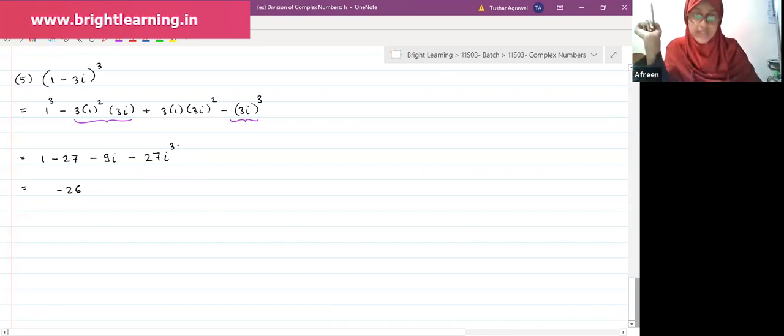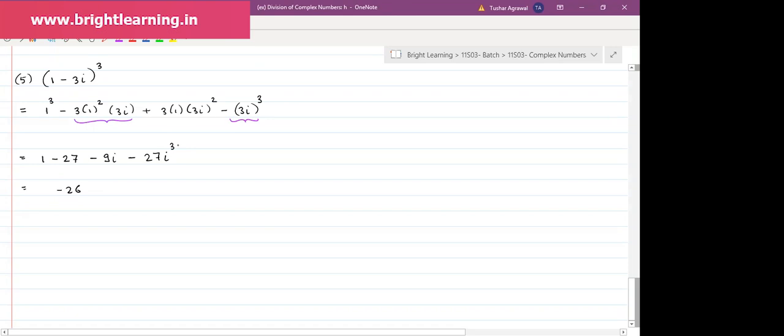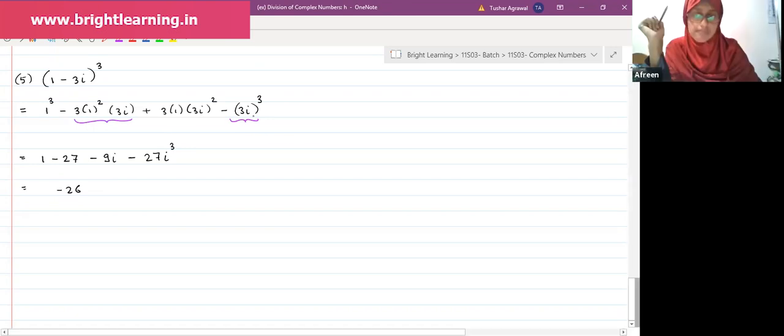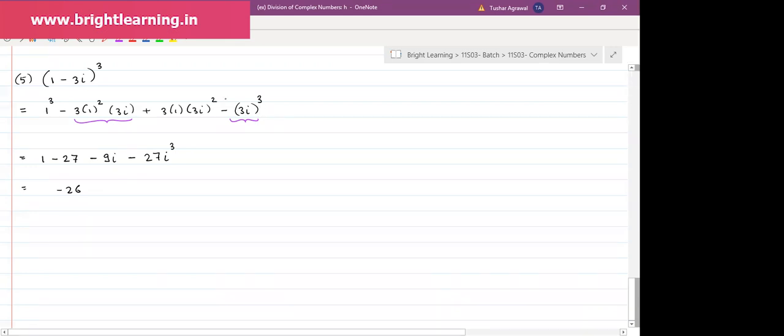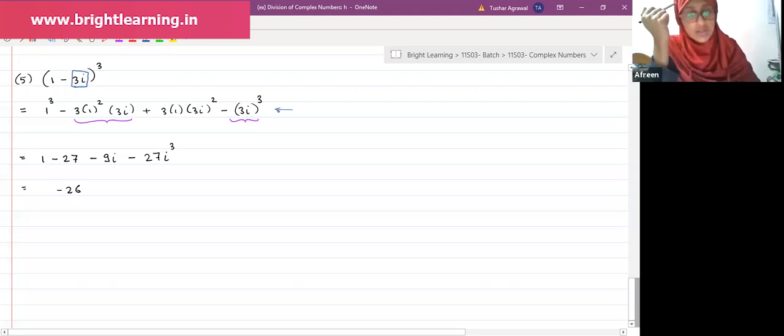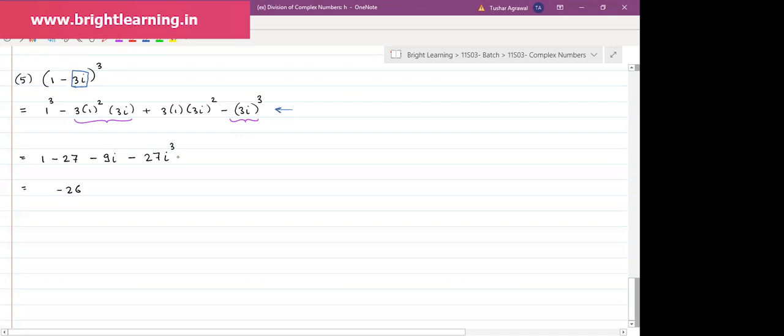So it will be 27i cube. 27 i cube it will be, na? Originally it was 3i complete cube. My second term is a minus b. If I compare it with a minus b whole cube, the b is complete 3i, na? So you will have to take 3i whole cube. In the second step, it is 3i bracket cube. Here I have written 3 cube into i cube. 3 cube is 27, i cube is i cube.